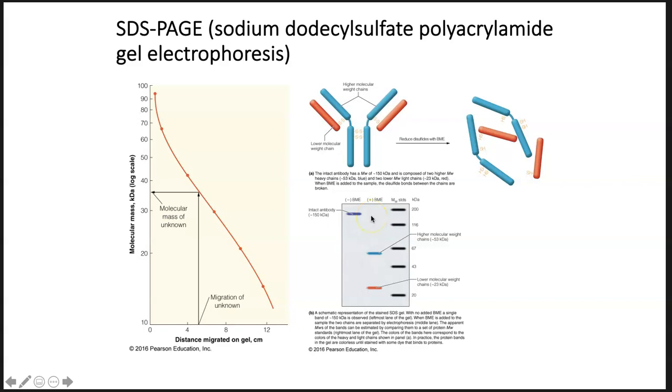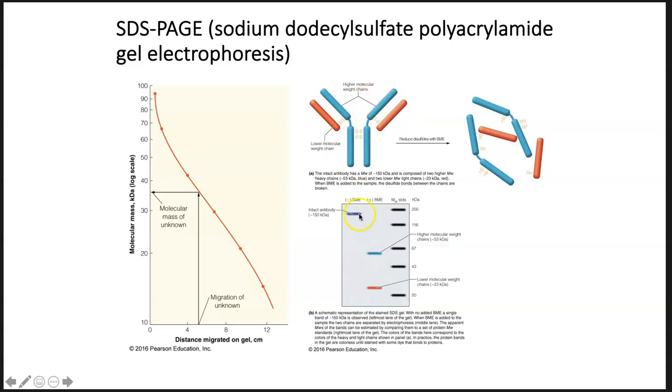If you have disulfide bonds in your protein, then you also have to add a reagent in there to denature the disulfide bonds, or the bonds will stay together. And so in this example, you have this antibody that is connected, these two different chains are connected by disulfide bonds. So when you add a reducing agent like BME into the solution, you break these disulfide bonds apart.